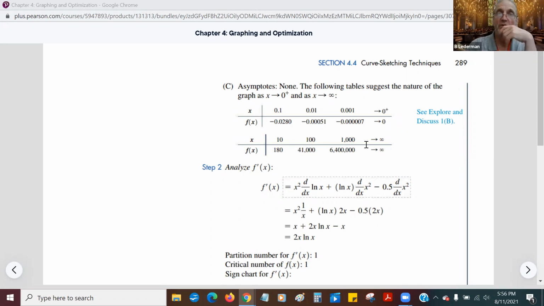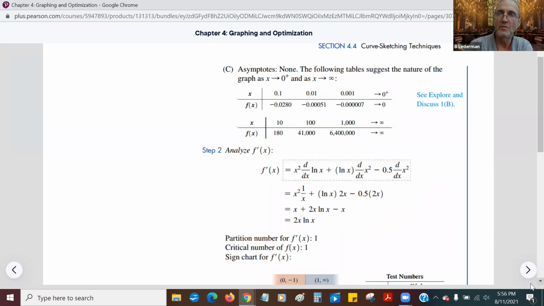And when x goes to infinity, the function also just rises up to infinity, so that's not an asymptote either. So we have no vertical asymptotes and no horizontal asymptotes. But there's another kind of asymptote, called an oblique asymptote, which we're not really going to deal with. It's not here anyway.